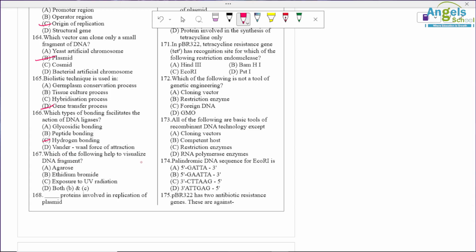Which of the following helps in visualizing DNA fragments? In agarose gel electrophoresis we use EtBr and expose it to UV light.